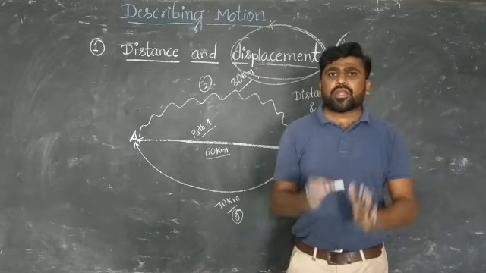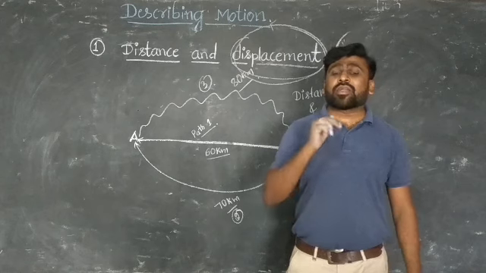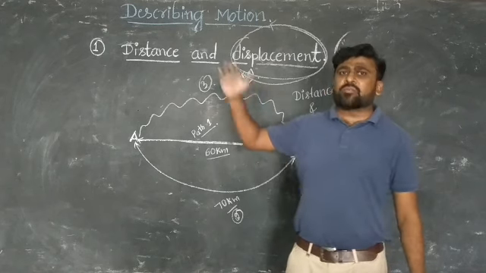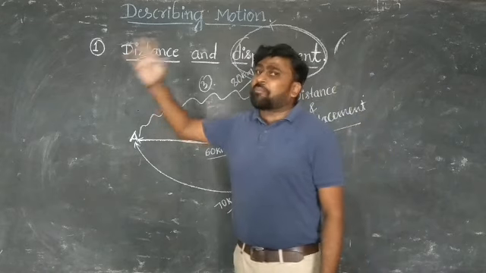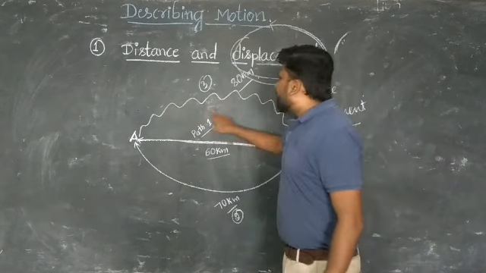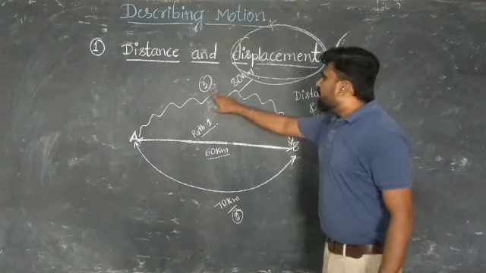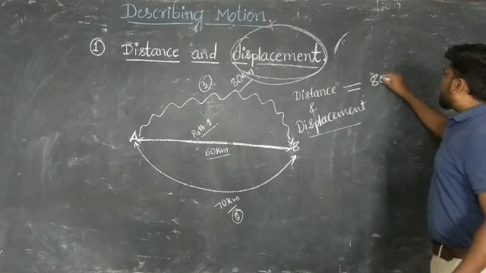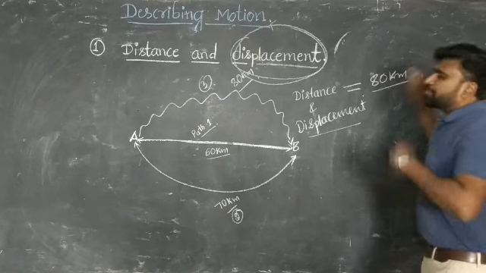Clear? You already know that distance is nothing but the length of the actual path traveled by a body. I am traveling on the path 3 road. The total distance regarding path 3 is 80 kilometer. Therefore, distance is 80 kilometer.